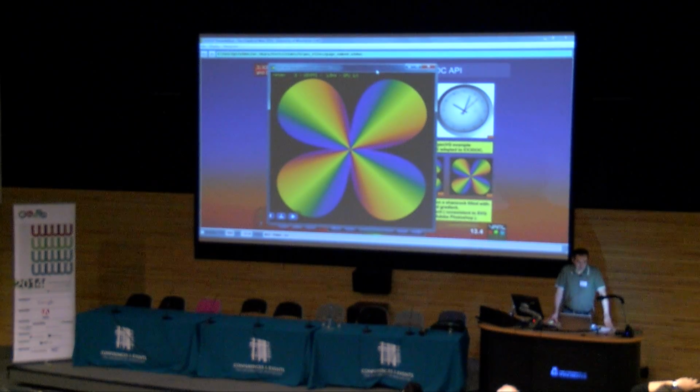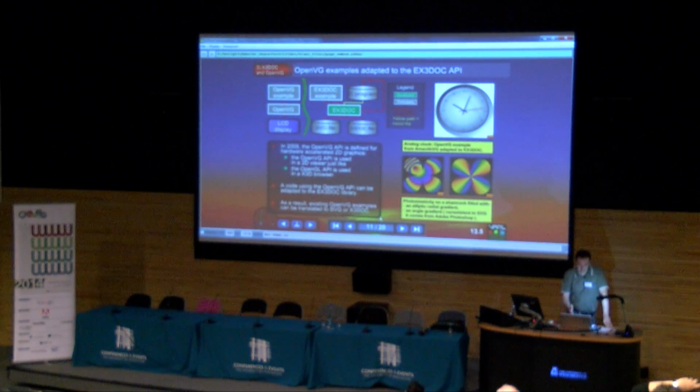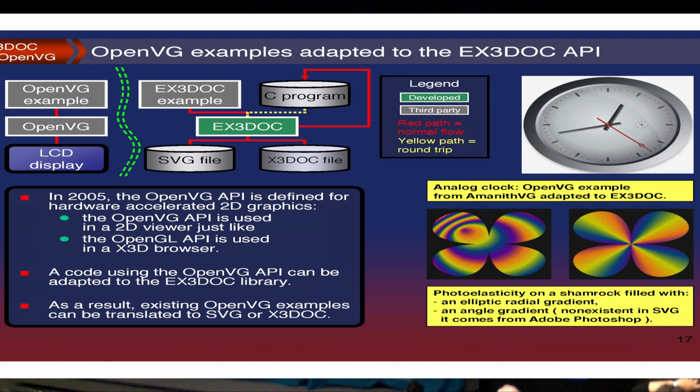It is very simple actually, and it could be in the SVG standard, but it is not. So this case is to translate OpenVG to portable SVG working on any browser, or X3DOC working in a three-dimensional environment.